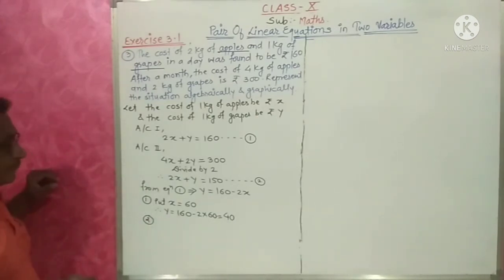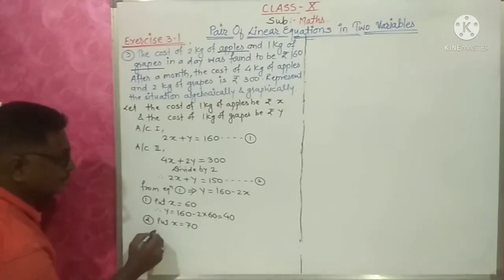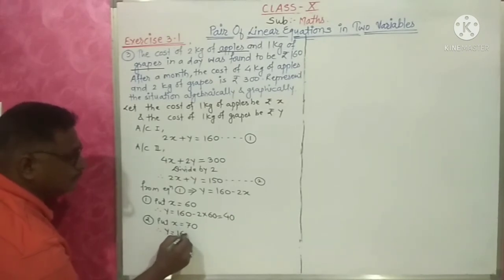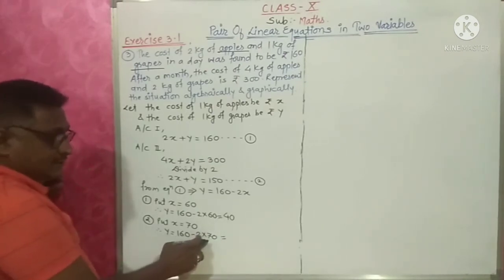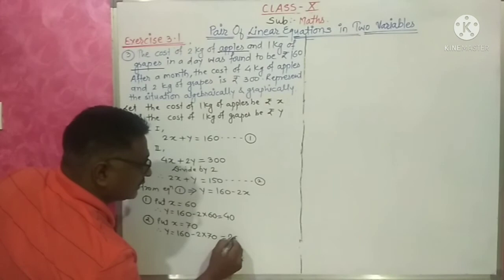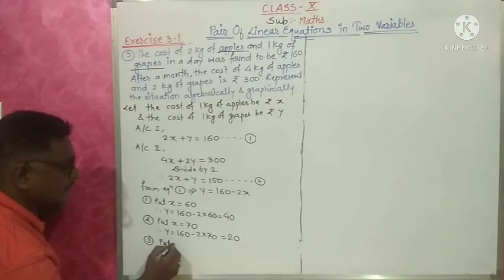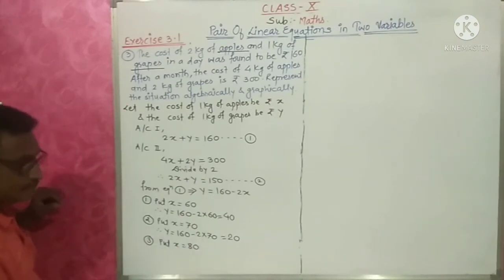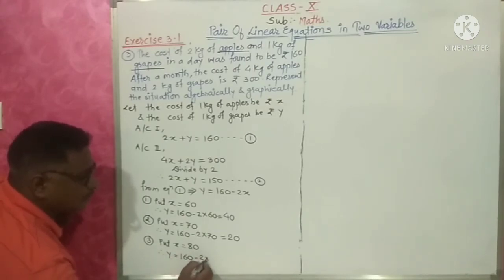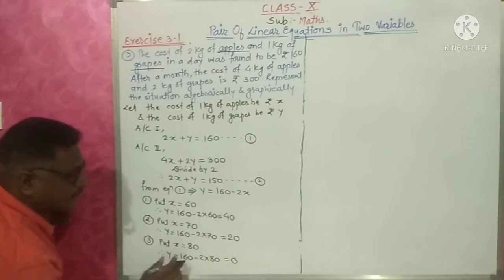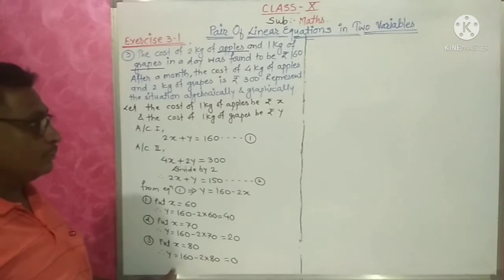Second, put x equals 70. Therefore y equals 160 minus 2 into 70, so 160 minus 140, which is 20. Then third, put x equals 80. So y equals 160 minus 2 into 80, 160 minus 160, which is 0. So we got these three solutions.